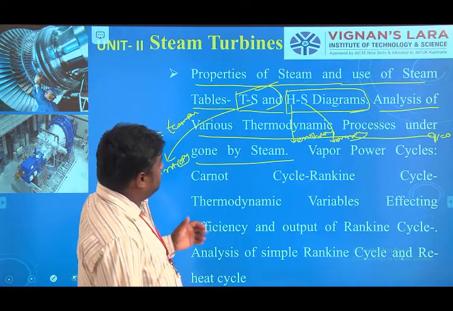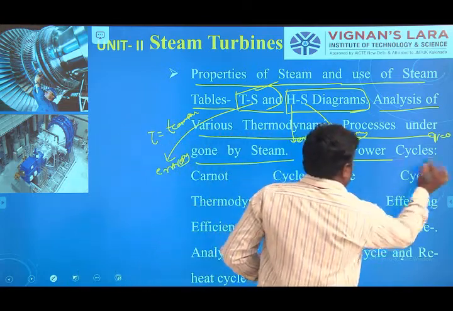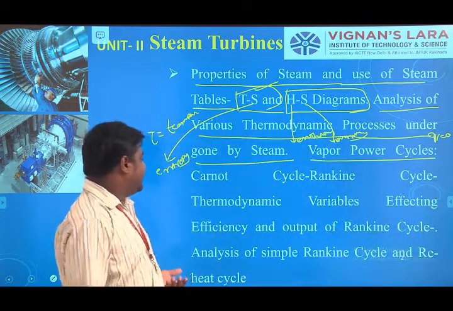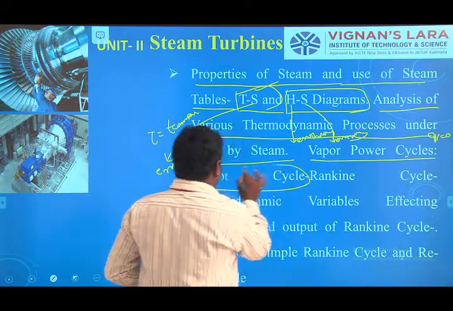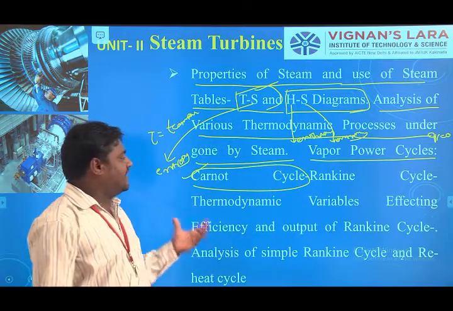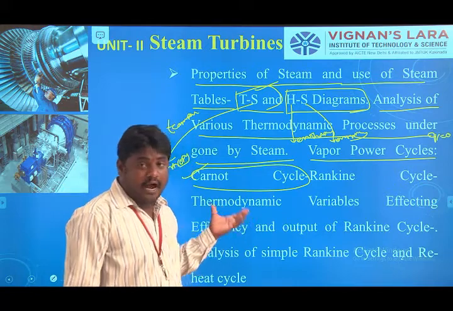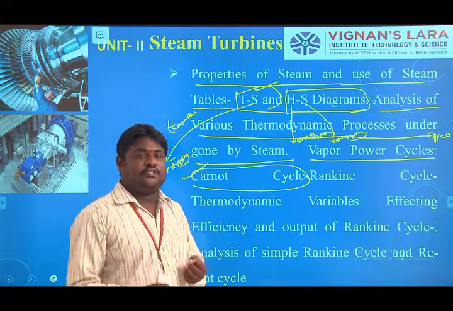Now the vapor power cycles are also completed, that is the Carnot cycle. In the Carnot cycle we already covered the derivation as well as the problems in the first unit.